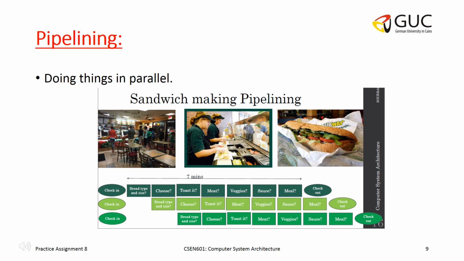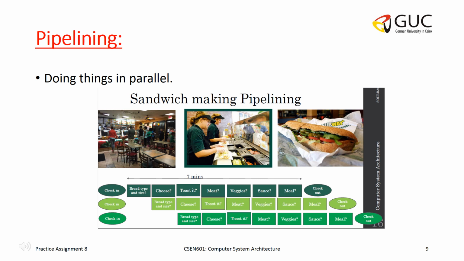We will wait for each stage to finish, and then the next instruction will be with us. So if I am having 5 instructions, the first should be at the write back, the second at the memory, the third at the execute, the fourth at the decode, and the fifth at the fetch stage, and so on.